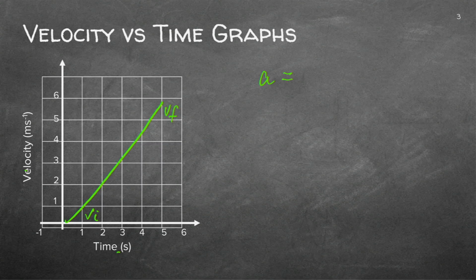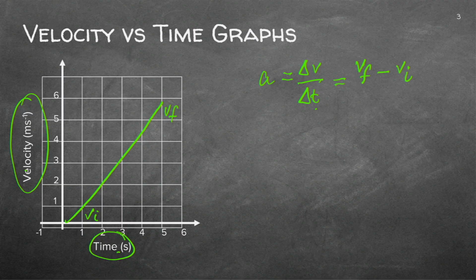Acceleration then was the change in velocity over the change in time. That was exactly what you did when you found the gradient for a velocity time graph as well. So in ticker timer, as well as in graphs, we use the change in velocity over time. The change in velocity is usually the final minus the initial over the change in time.